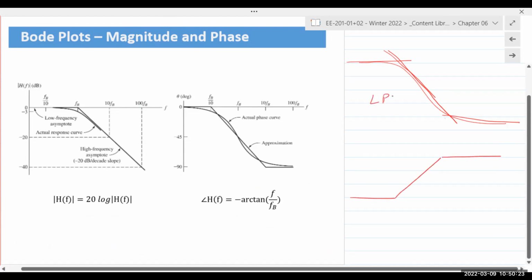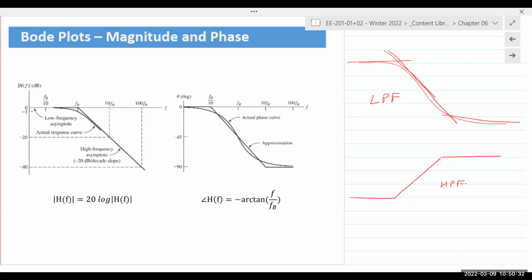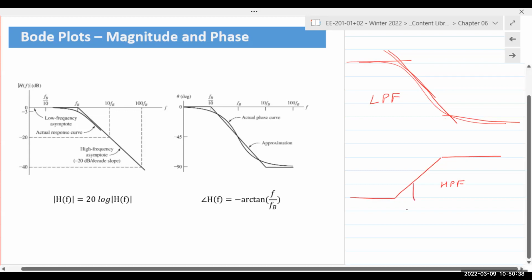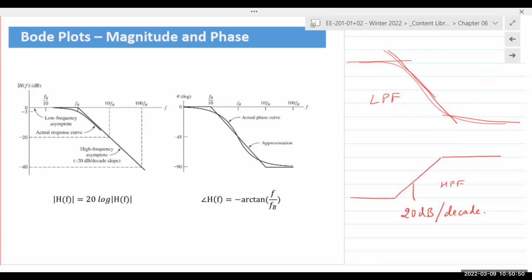So this would be low pass, this would be high pass, straight line approximations. These were very useful in the days when we didn't have computers to plot everything. They're still very useful to engineers now. And the slope of these filters is always 20 decibels per decade of frequency. For every decade change in frequency, the value either increases or decreases by 20 decibels.